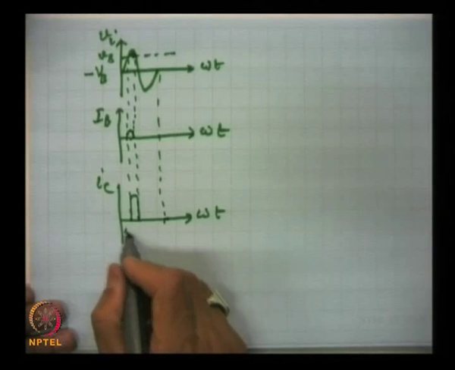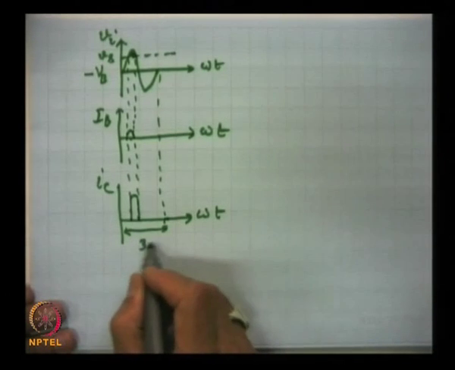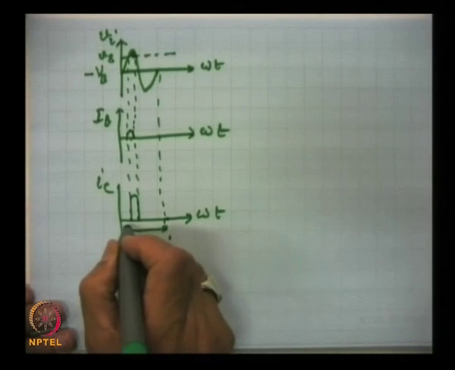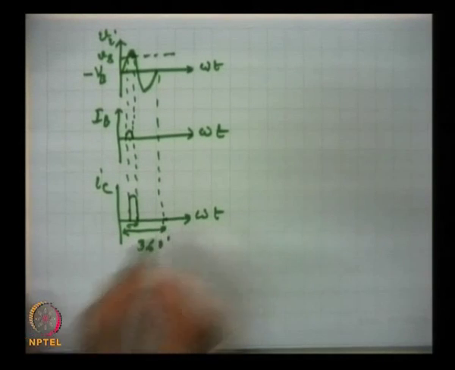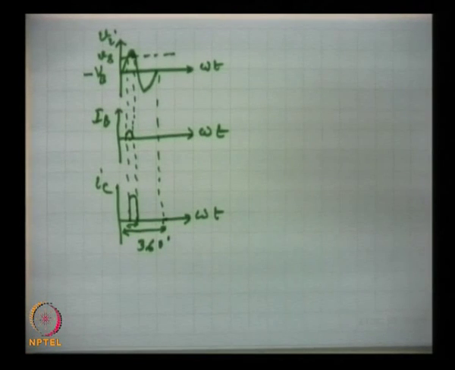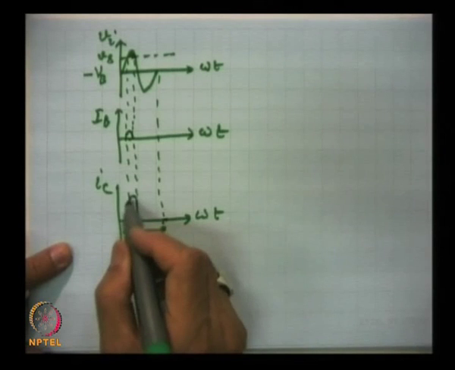This is the total period or 360 degrees, and this is the very small fraction, a few tenths of degrees, for which the collector current is amplified.